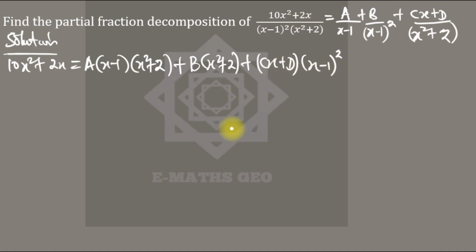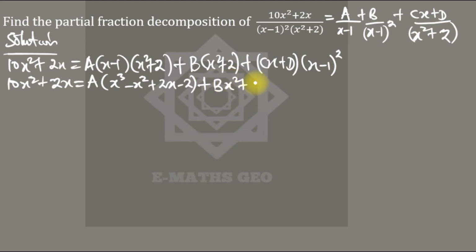So let's expand the right hand side and compare, because this is an equation. Let me multiply this first: x cubed minus x squared plus 2x minus 2, plus this Bx squared plus 2B.